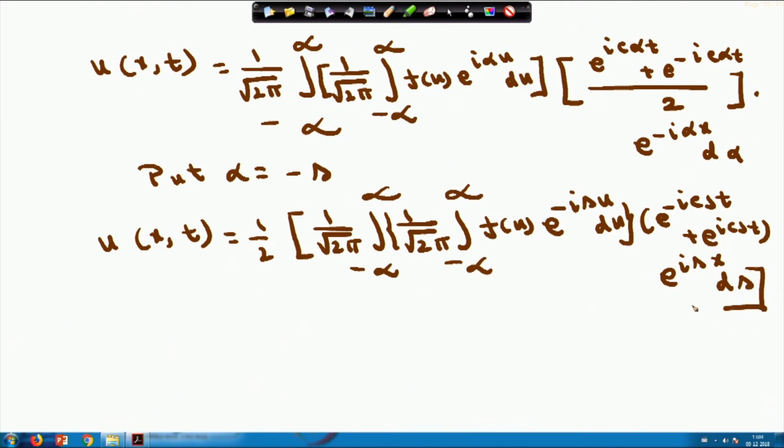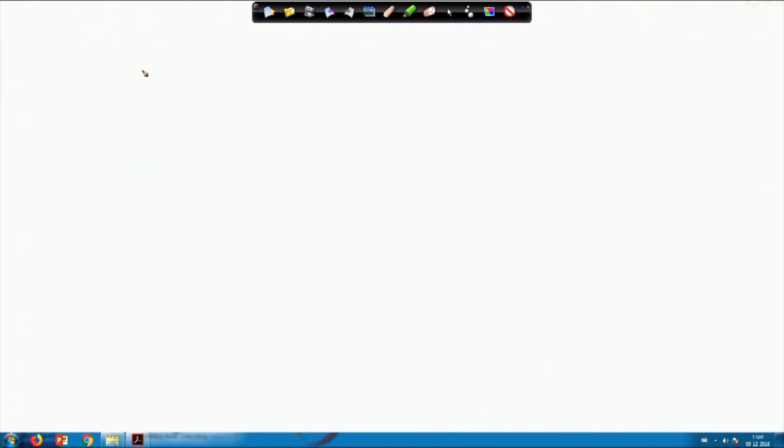Once I am getting this, now from here I can write two terms, and let me write these in the next page, because the terms will be bigger.